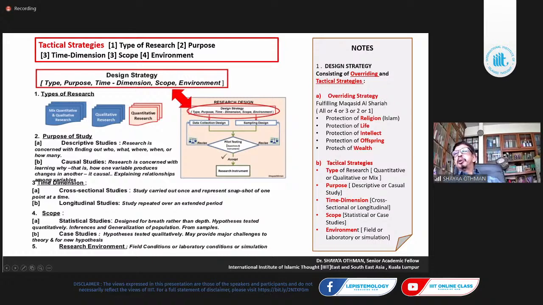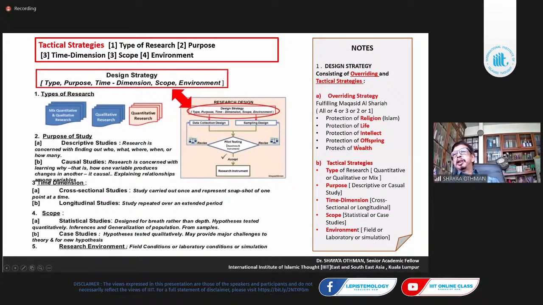It is a protection of religion, protection of life, in the sense that toxic waste should not be abandoned as you like. It should be kept and protected. It should be recycled because of protection of life. And protection of intellect, it should not destroy people's intellect.